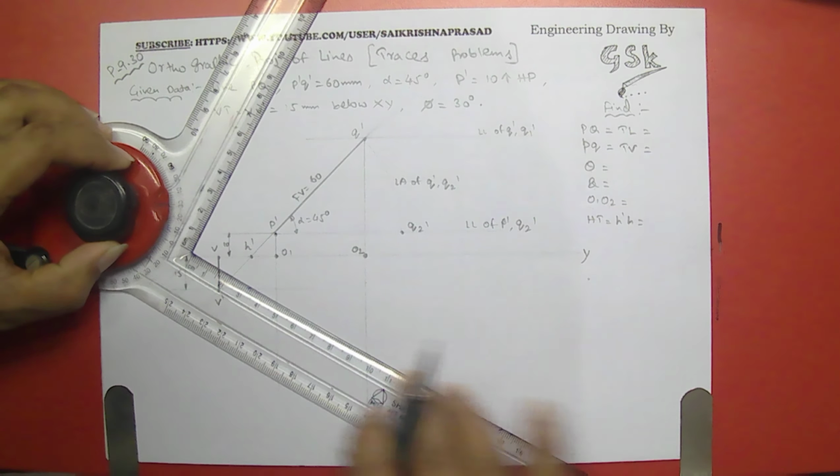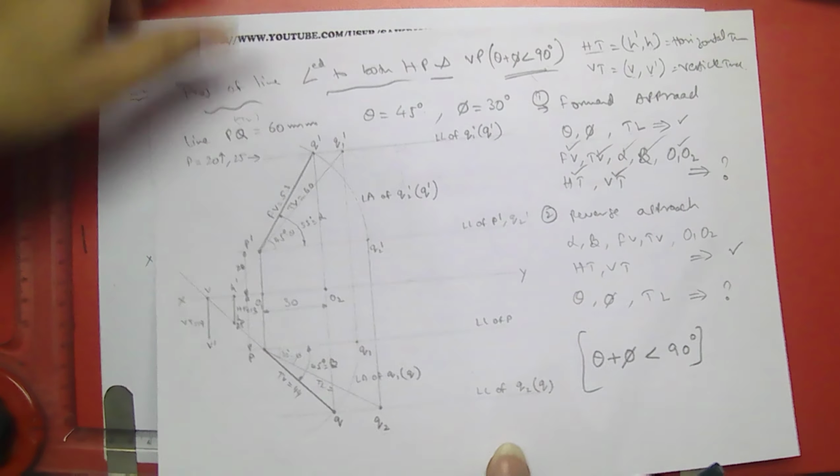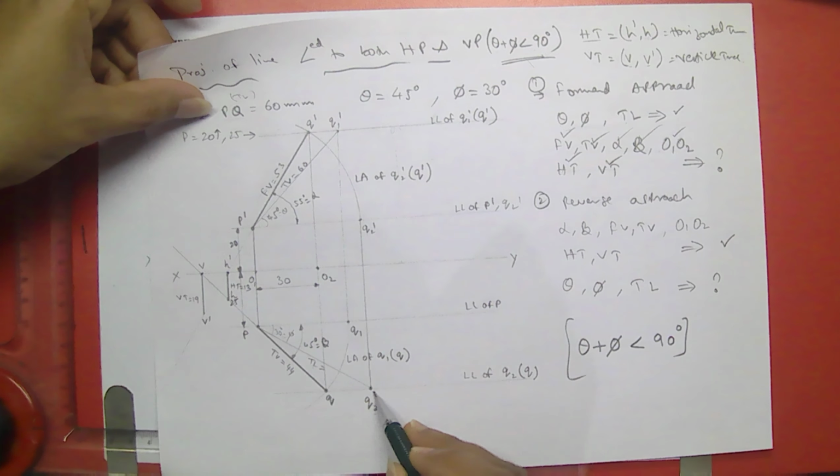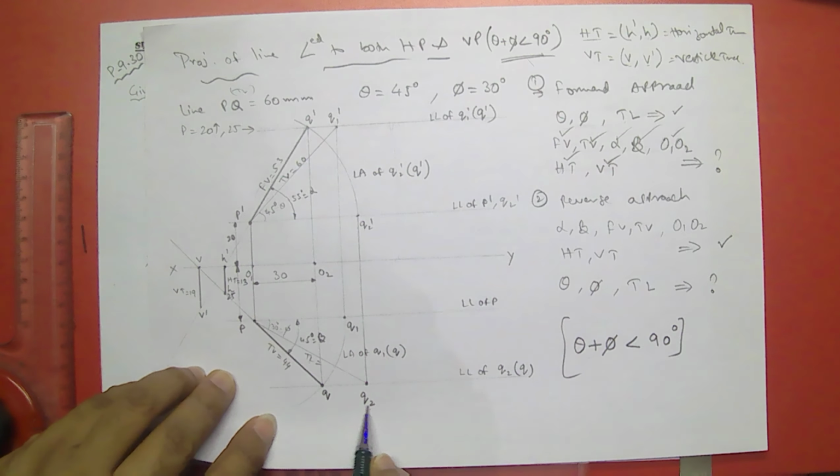Next, down to the Q2 dash I'll be getting Q2, same like this, Q2 dash and Q. Onto the Q only I'll be getting Q2, and I'll be getting Q, right? This is the locus line of Q2 and Q. So this would be one of the end points of the top view.